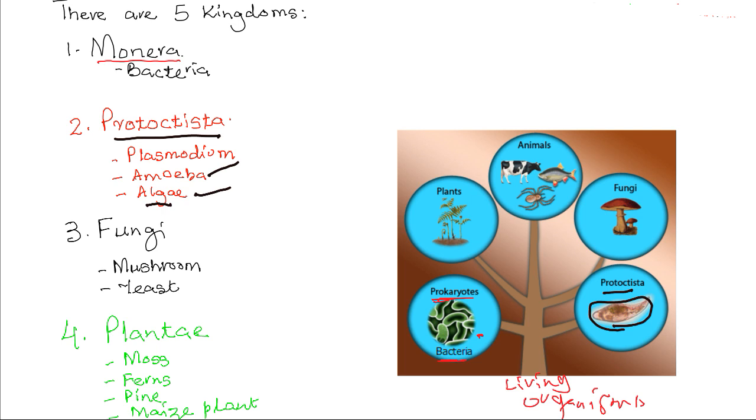Their cells have a distinct membrane-bound nucleus and membrane-bound organelles. Some make their own food through photosynthesis, while others feed on already manufactured food.